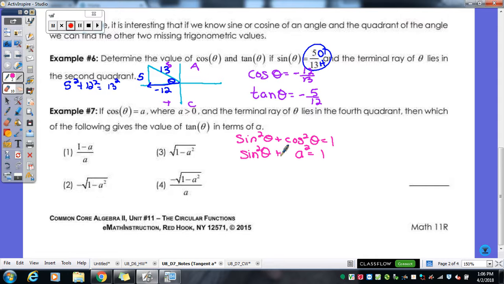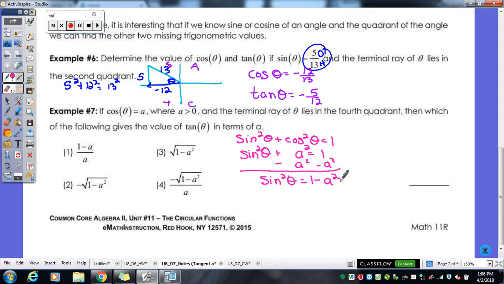So sine squared plus A squared equals 1. We want to get sine by itself, so what are we going to do with our A squared? Subtract it. So sine squared theta equals 1 minus A squared.